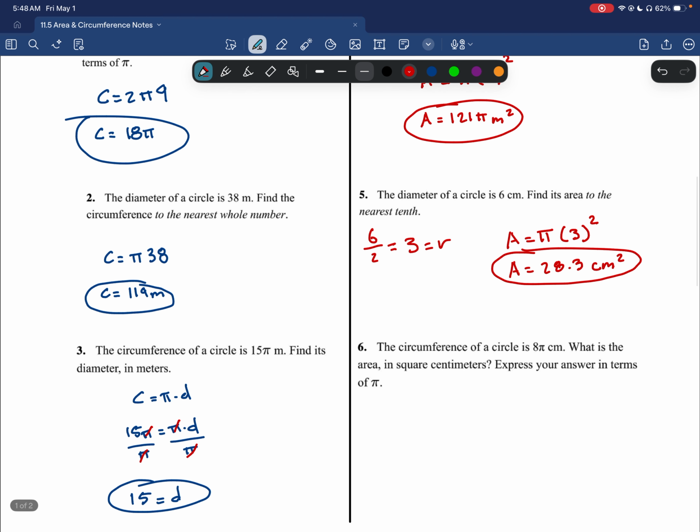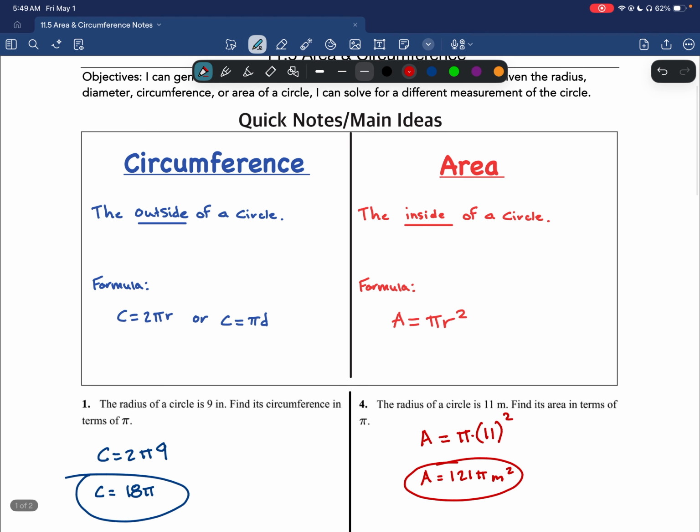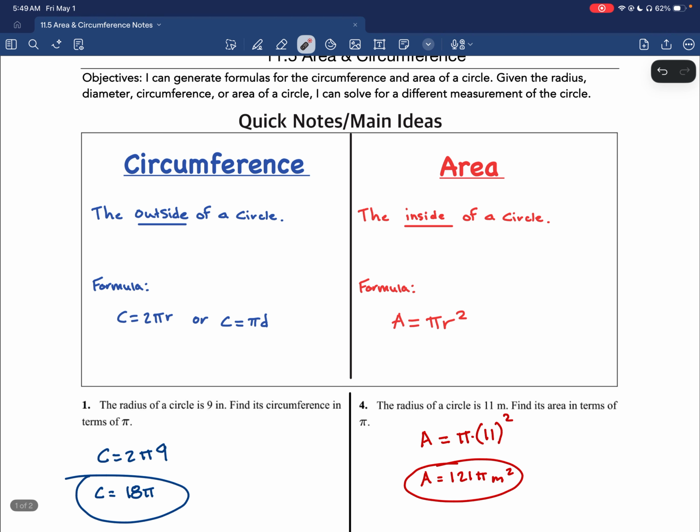Okay, question 6. The circumference of a circle is 8 pi centimeters. What is the area in square centimeters? All right, so up until now, we've just focused on circumference formulas or area formulas. Now we are given the circumference and we want to find the area, okay?